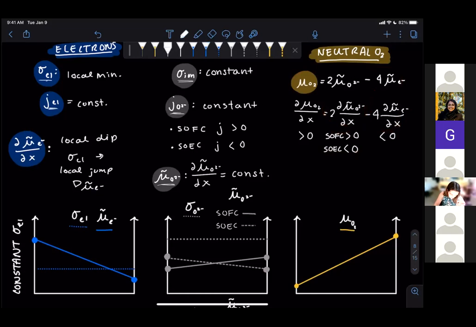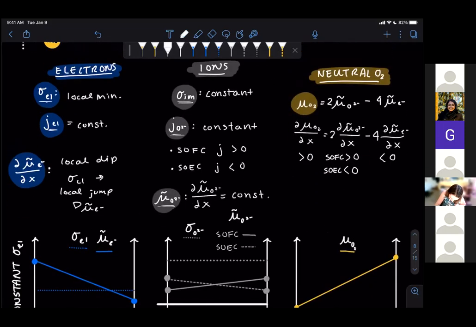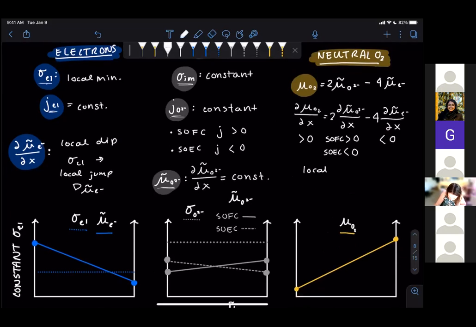And so we can say that if there is going to be some sort of local jump, or I guess we can kind of look at the chemical potential instead. So if we look at the chemical potential, there's a local dip. If we're looking at the actual values of things, there's a local dip in the electrochemical potential of the electrons.